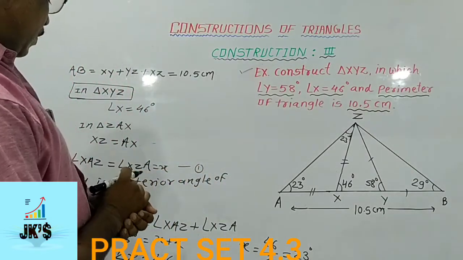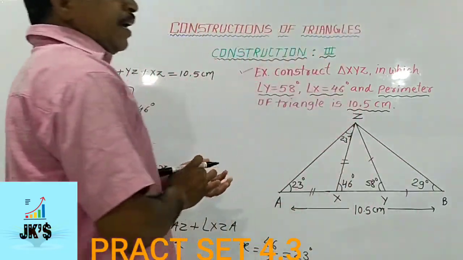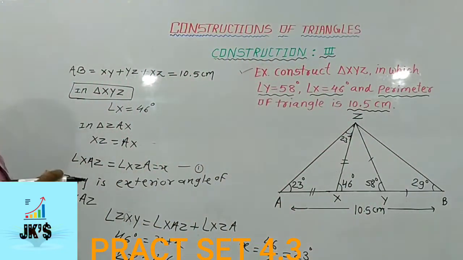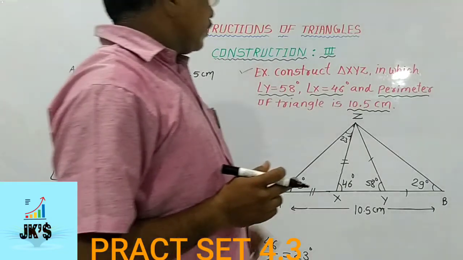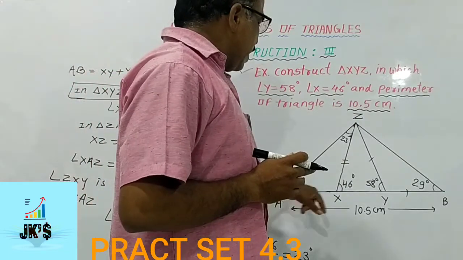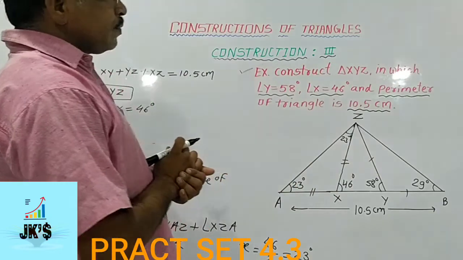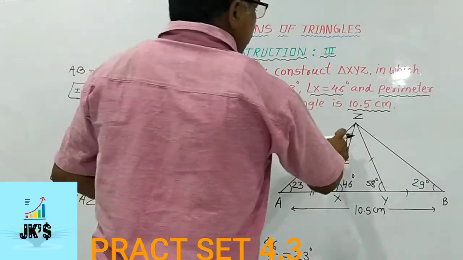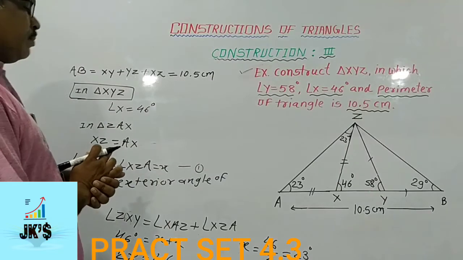So similarly, we have to calculate the angle B also. So friends, while constructing the triangle XYZ, we have to take XA equals XZ, means this one angle is congruent to this one by the isosceles triangle theorem.